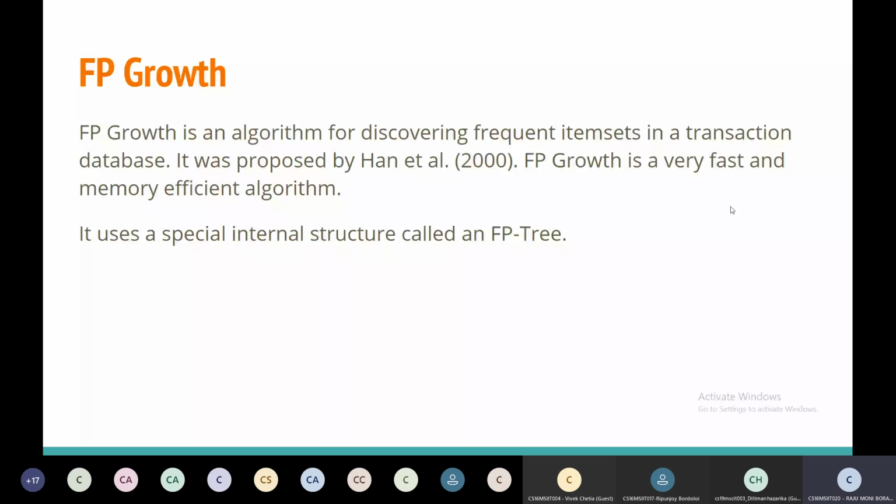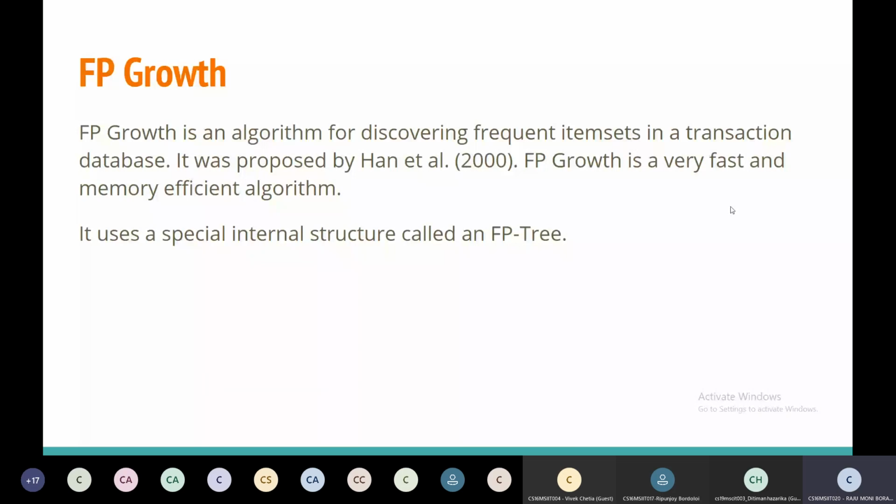First we see what the items are and what the support factors are, then we construct an FP tree, and then we construct an FP conditional tree from the FP tree we have generated. At last, after doing all that, we determine the frequent patterns. I will tell you how this process is done.